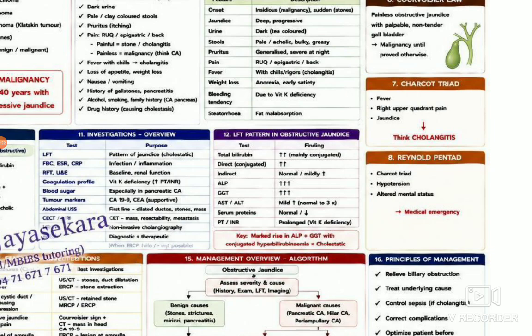So this is Charcot triad. In Reynolds pentad, if the infection becomes severe, the toxins enter the bloodstream causing septic shock. Then patients develop hypotension, altered mental status, and this becomes Reynolds pentad. This is a surgical emergency.